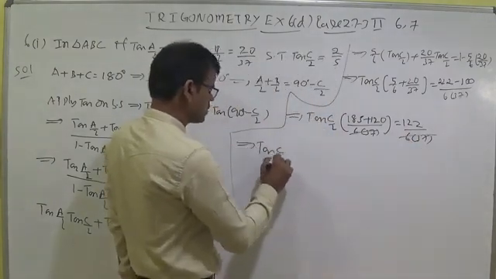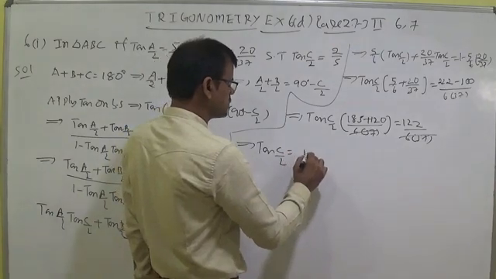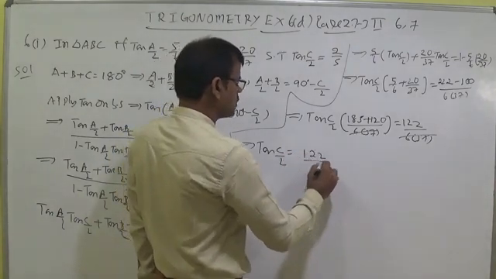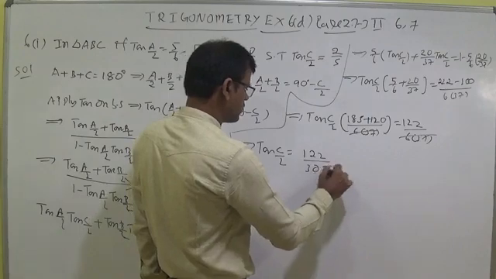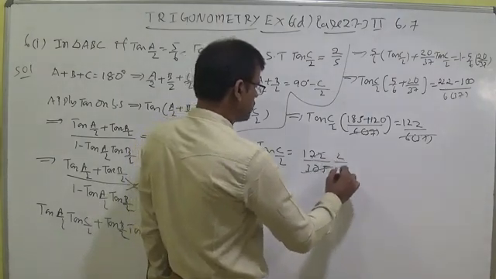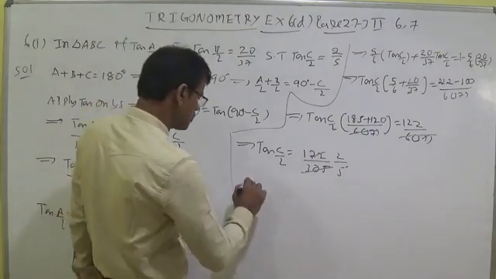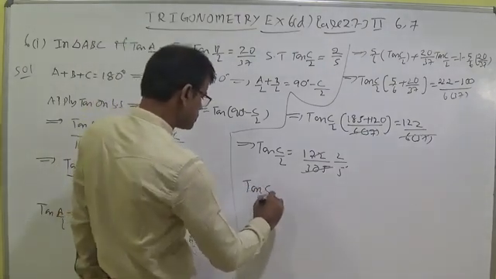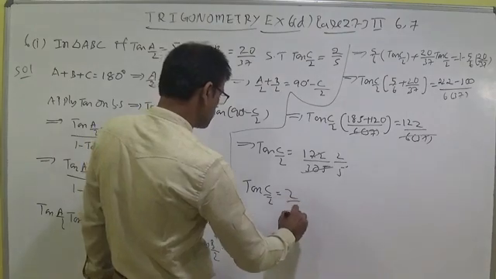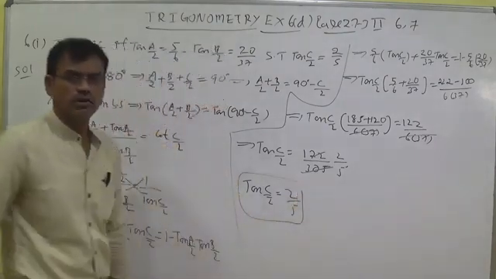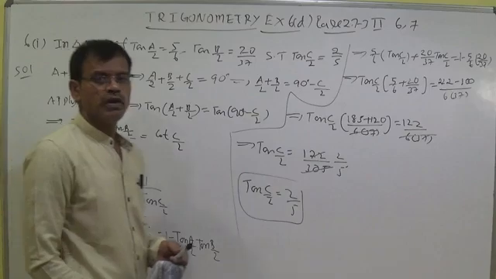Now tan C by 2 is equal to 122 by 305. 61 table gets cancelled, 2 times in the numerator and 5 times in the denominator. So tan C by 2, we got the answer as 2 by 5.